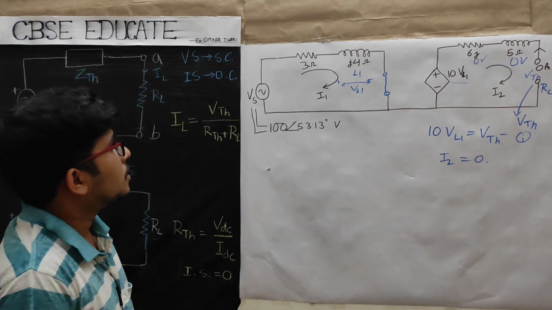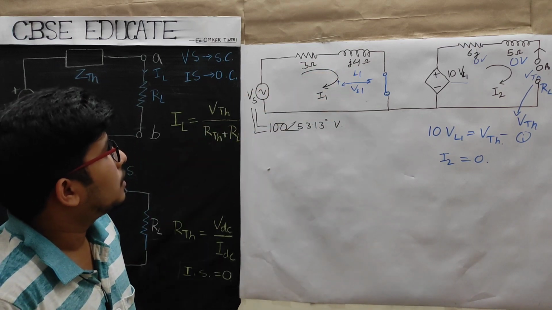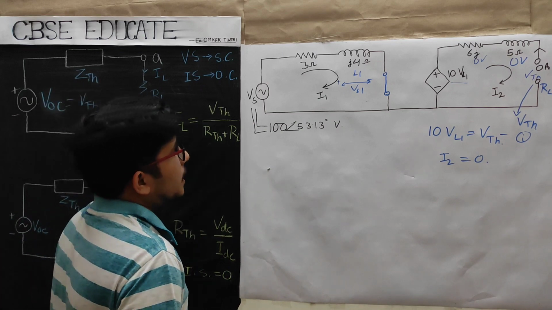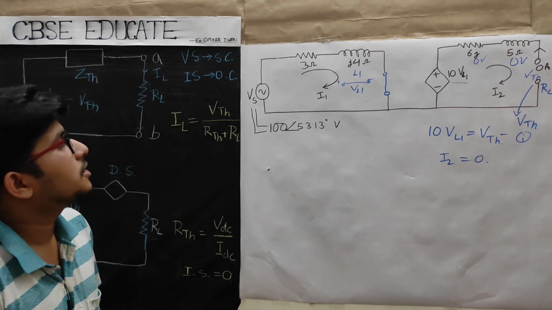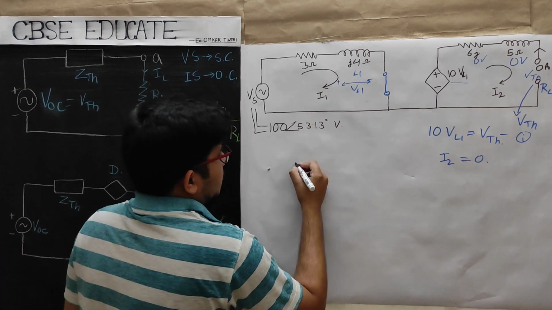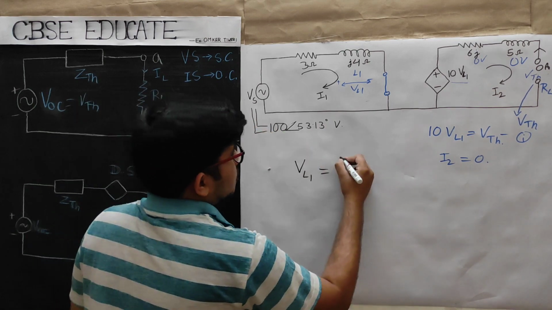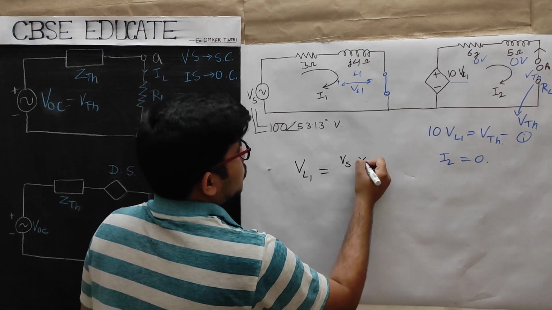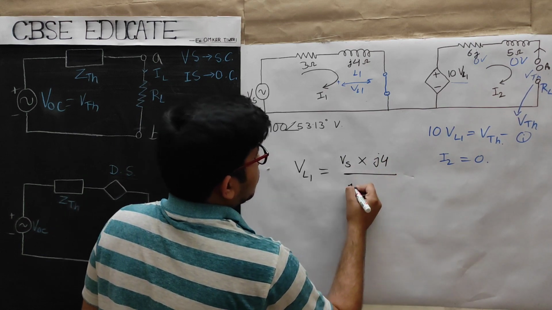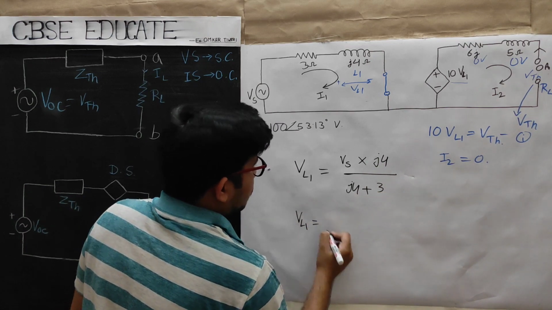Now we can apply KVL over here, or simply we can apply the voltage divider rule, in which VL1 is equal to the main voltage source Vs times J4 divided by J4 plus 3 ohm.